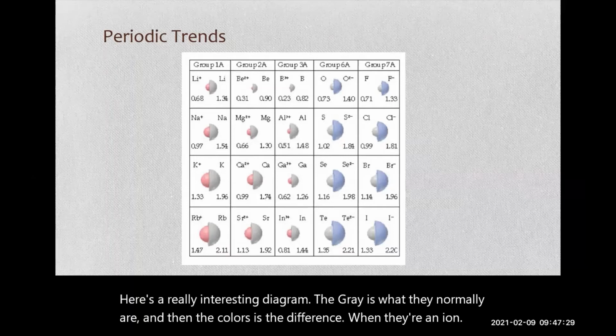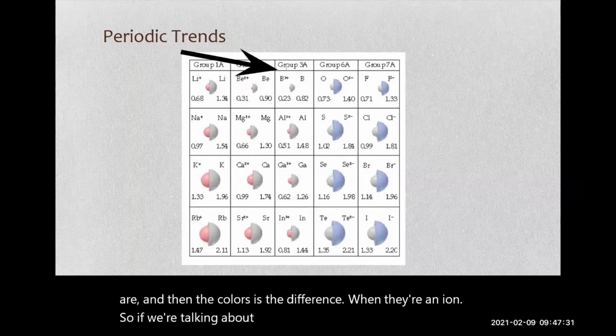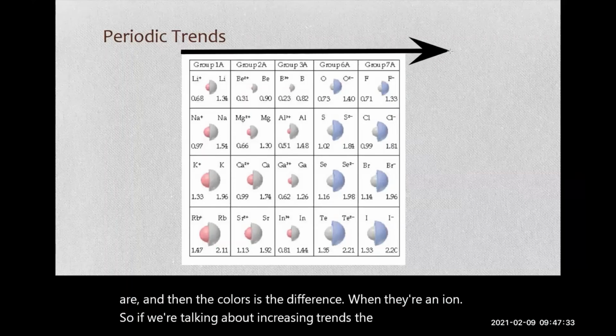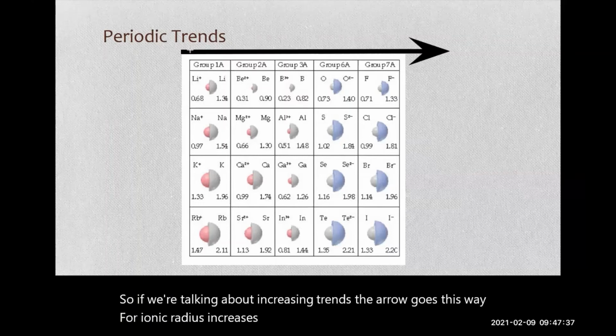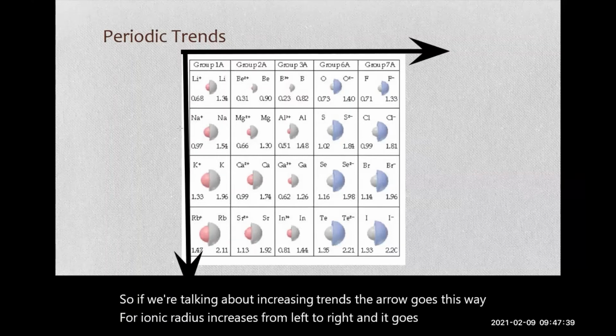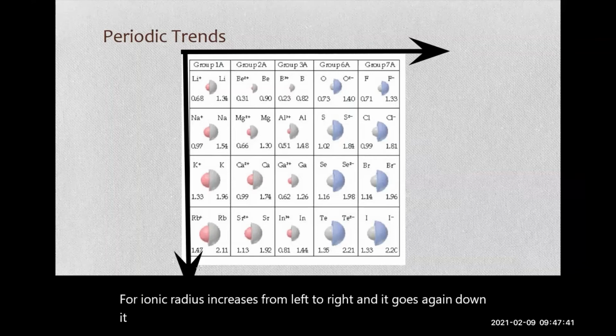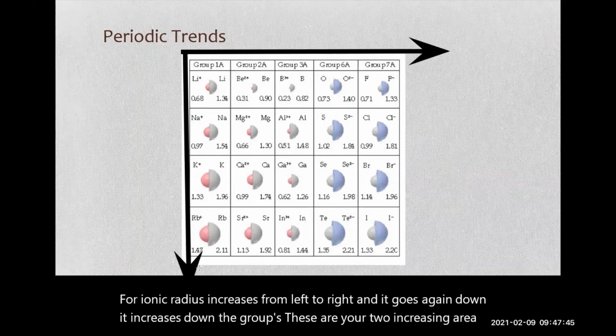So if we're talking about increasing trends, the arrow goes this way for ionic radius. It increases from left to right, and it goes again down. It increases down the groups. These are your two increasing arrows for ionic radius.